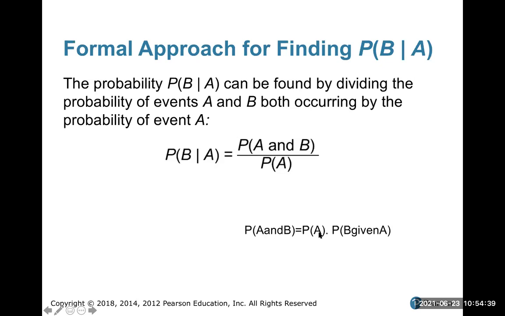Probability of A and B means probability of A times probability of B given A occurs. So now they are isolating B given A by dividing both sides by P of A. That's why they brought this P of A to the denominator here. So for conditional probability, you go to the table, assume that event A happened, and you find the probability of B.